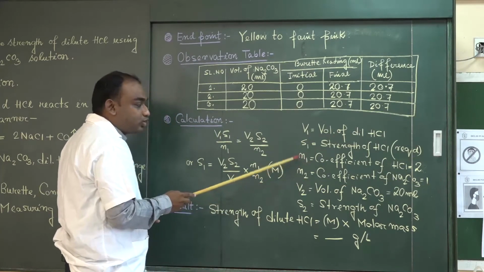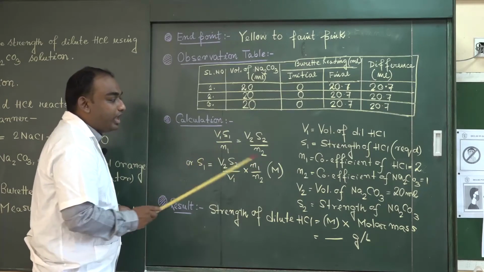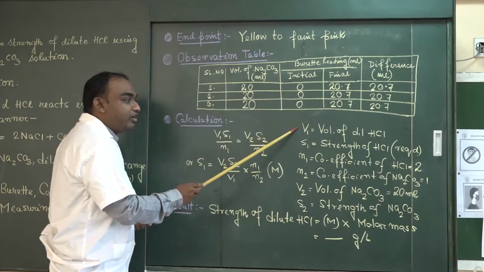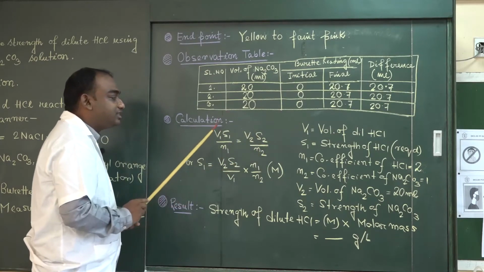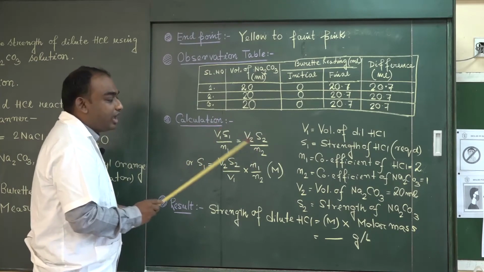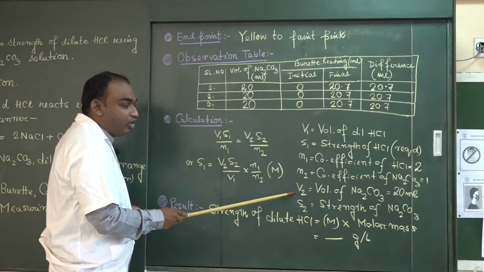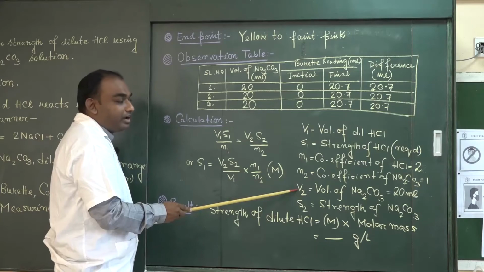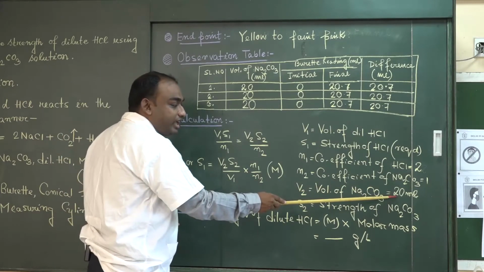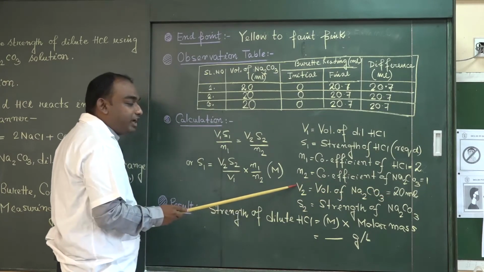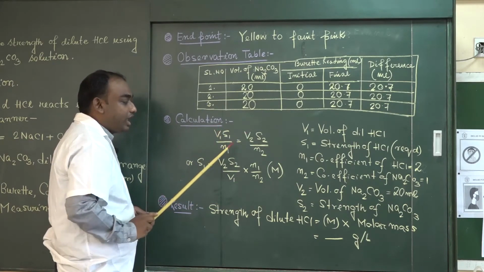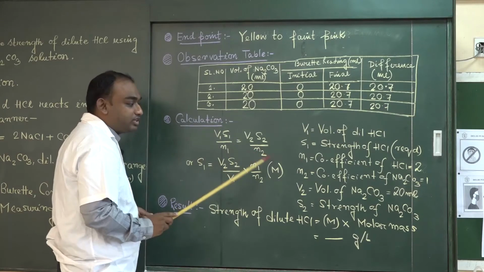N1 is known, students, in the equation it is 2. N2 is known, in the equation it is 1. V1, the volume of HCl, is known. V2 is the volume of sodium carbonate that we pipetted out, that is 20 ml. So V2 is known, V1 is known, N1 is known, N2 is known.